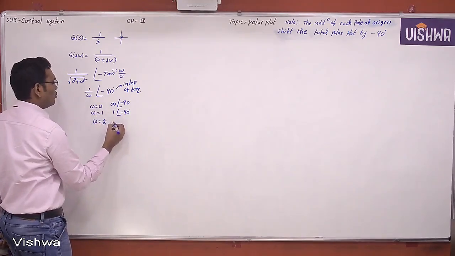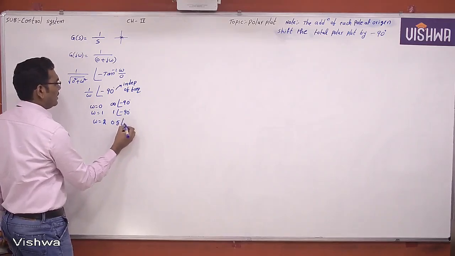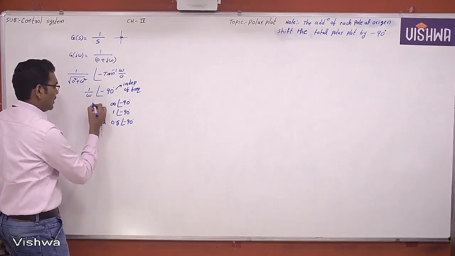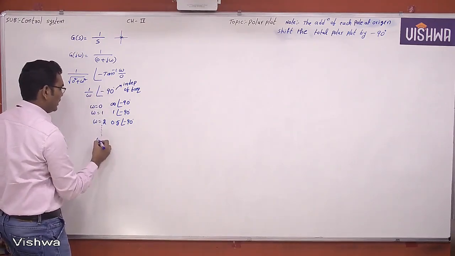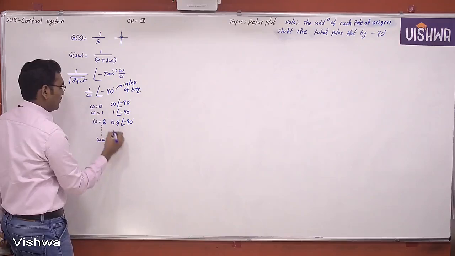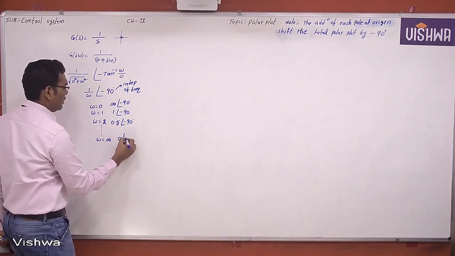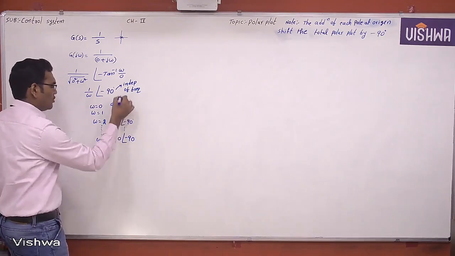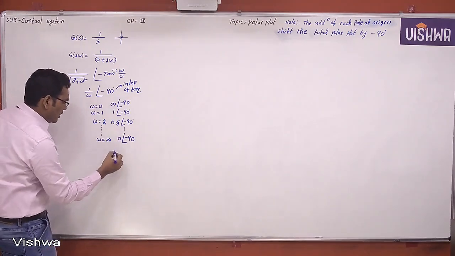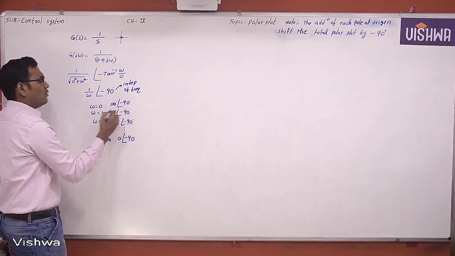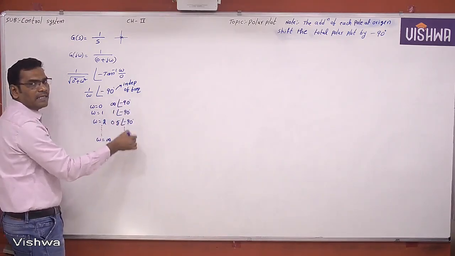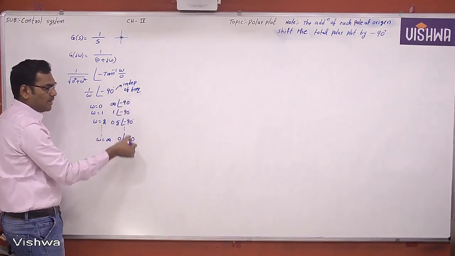Omega equal to 2: 0.5 at angle of minus 90 degrees, and so on. Omega equal to infinity: 0 at angle of minus 90 degrees. Whatever omega may be, the phase angle is minus 90 degrees.